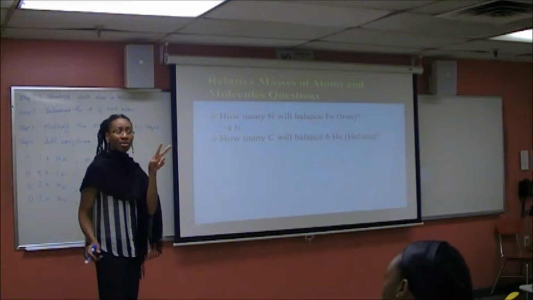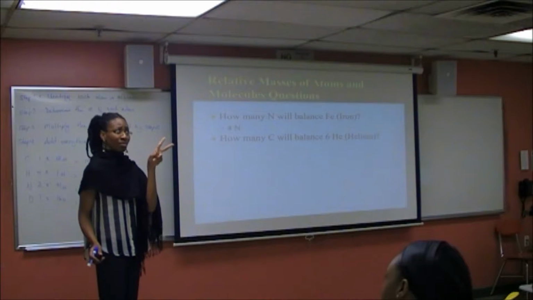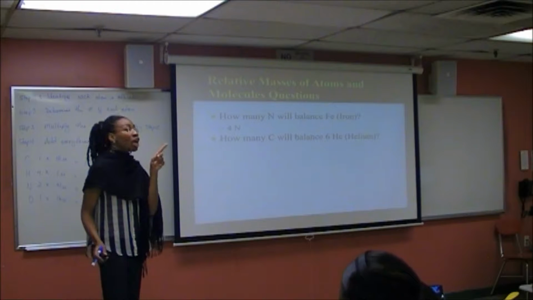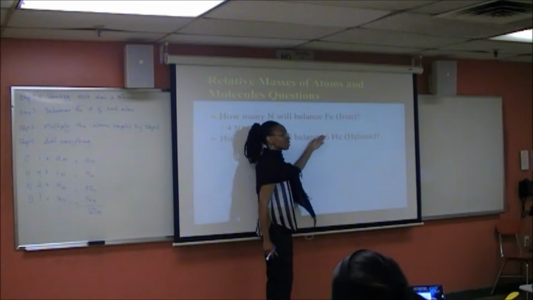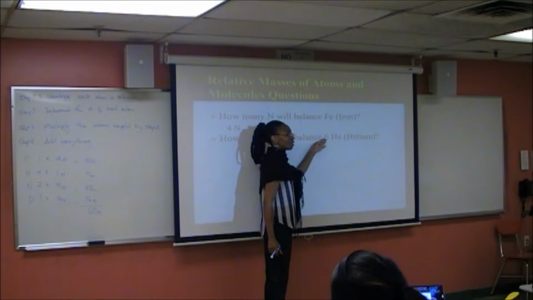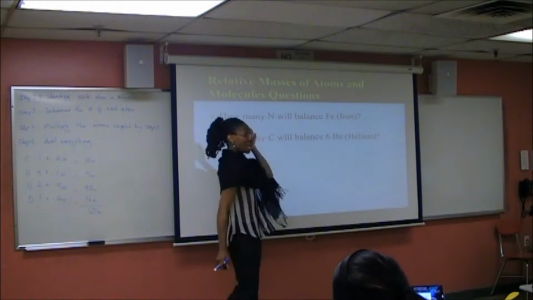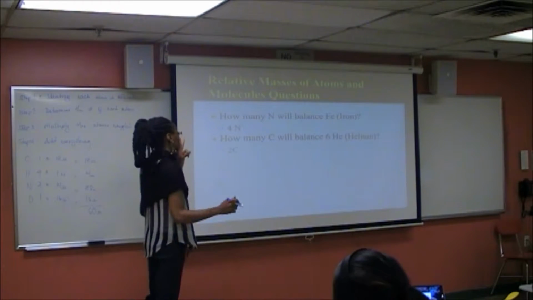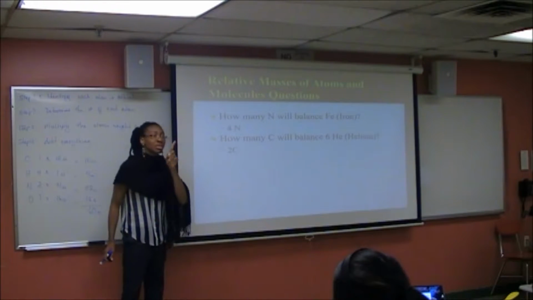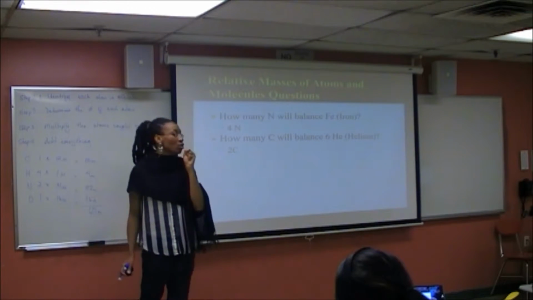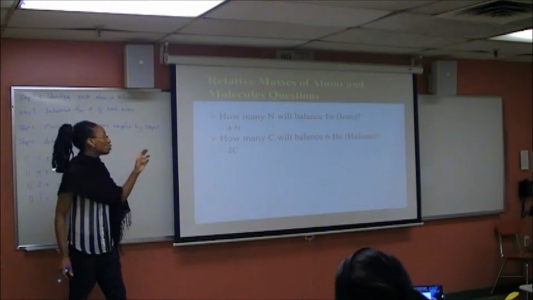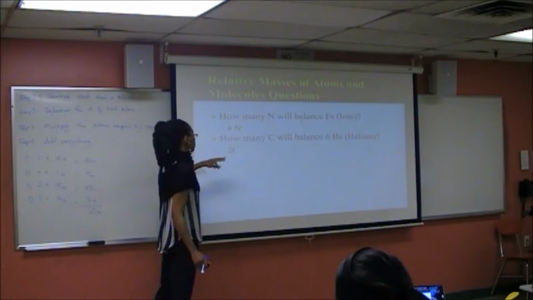How many carbons balance out 3 heliums? 6 helium is 24 AMUs. Carbon is 12 AMUs, so it needs 2 carbons to balance it out.